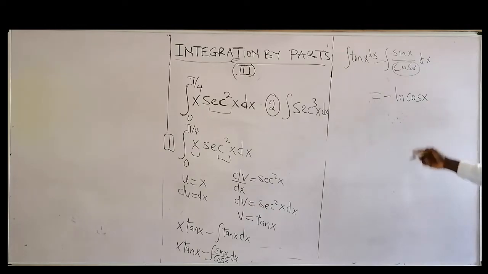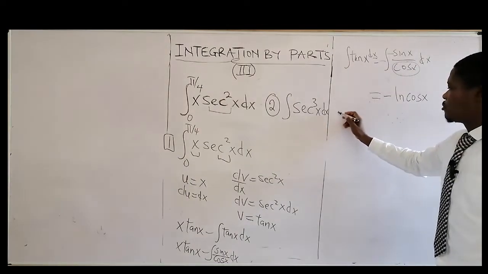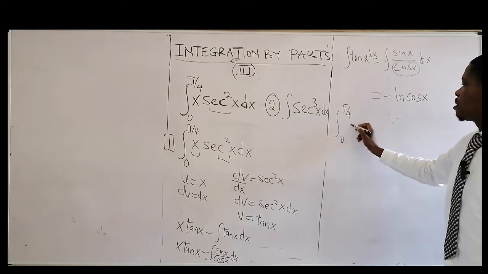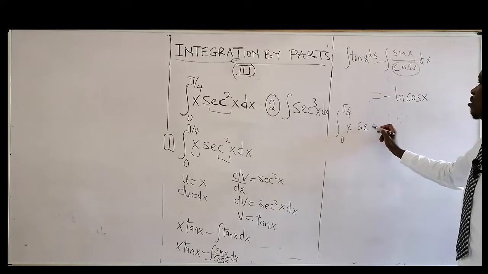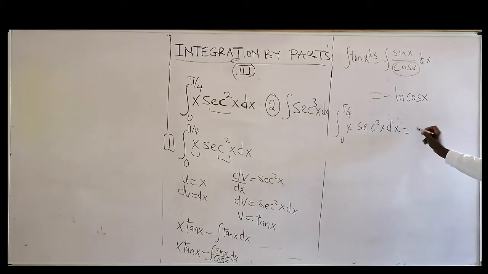We can leave it this way. Then our question, the integral of x sec square x dx, is equal to x tan x, then minus the integral of tan x.